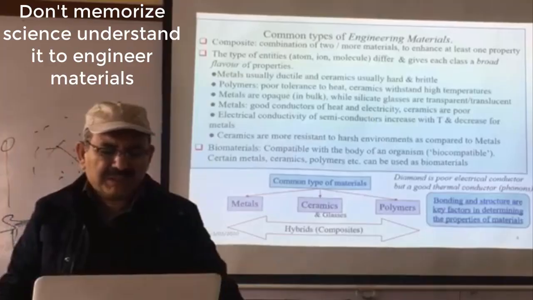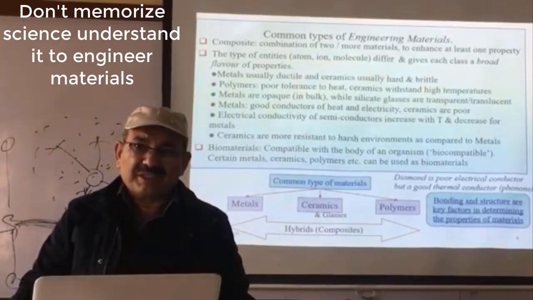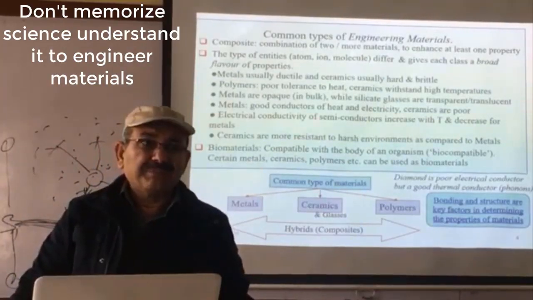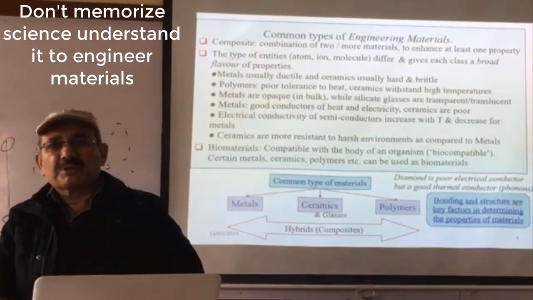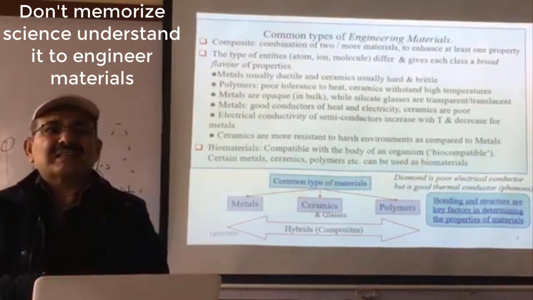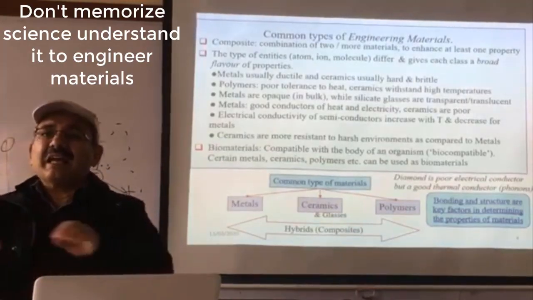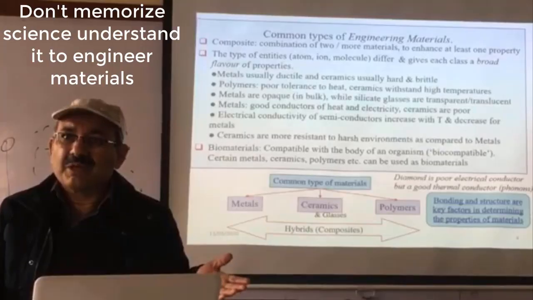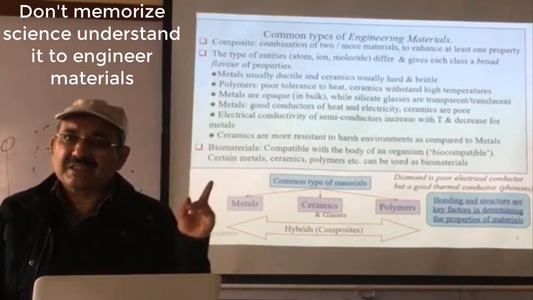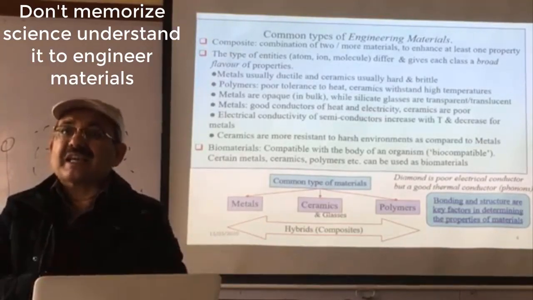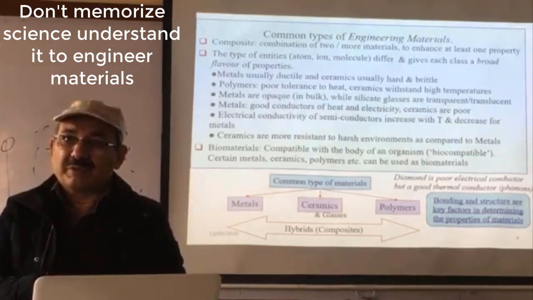Biomaterial: compatible with the body of an organism. What is compatibility? Compatibility means that when you put in a bone implant, it is not hazardous to your body. Secondly, it is liked by your body organs. Biocompatibility means that it is not hazardous and it is accepted by your body environment.